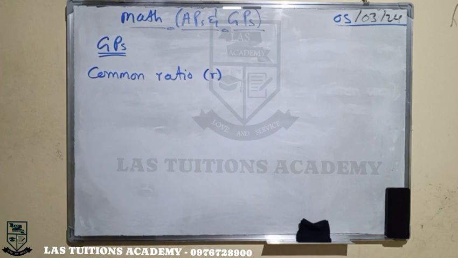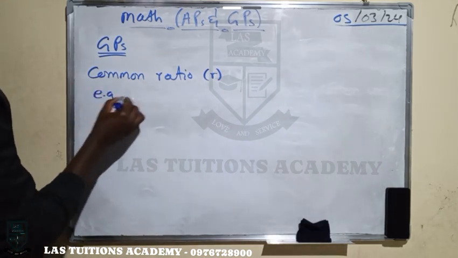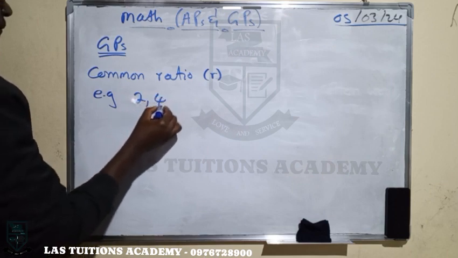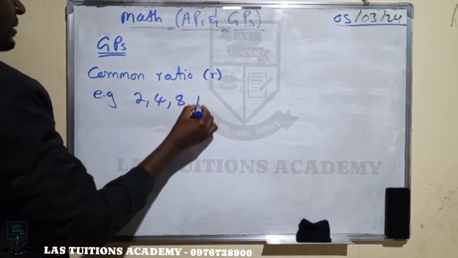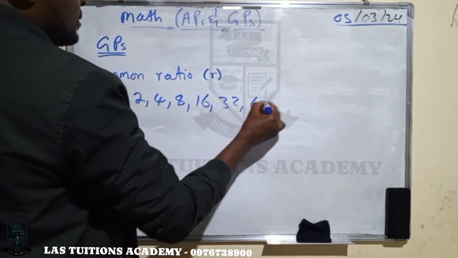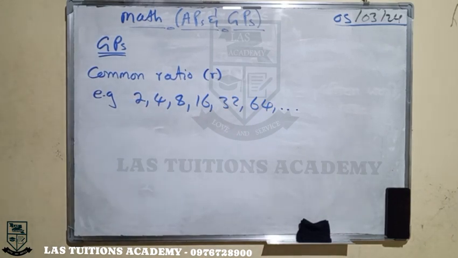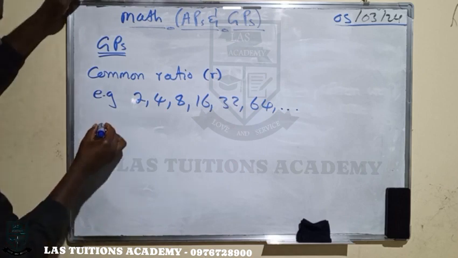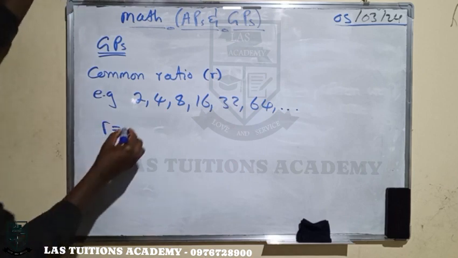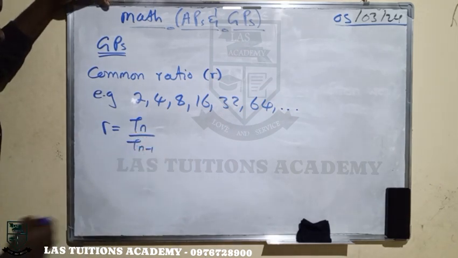Okay. So now a very good example I can give here is maybe we have 2, 4, 8, 16, 32, 64, and so on. So there we have those terms in that sequence. Now, how to find R? R is simply equal to Tn over Tn minus 1.